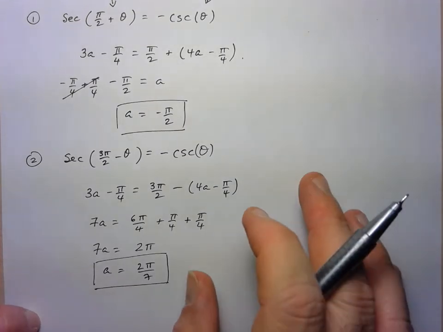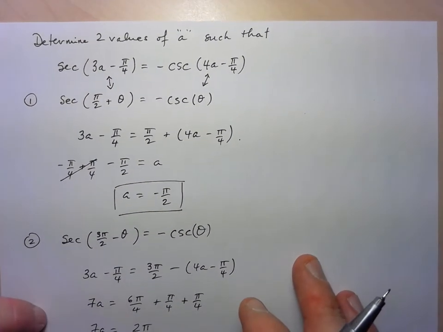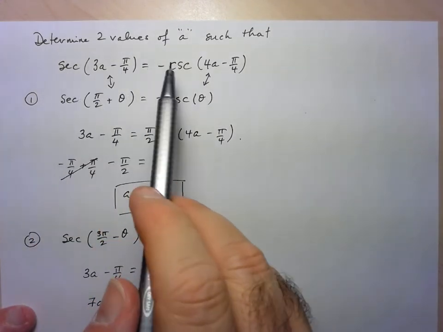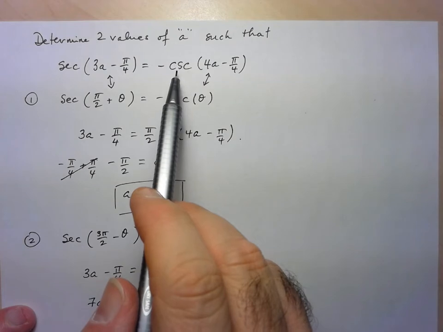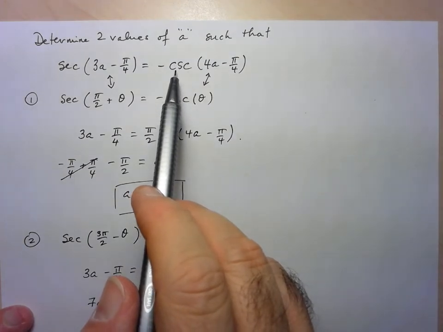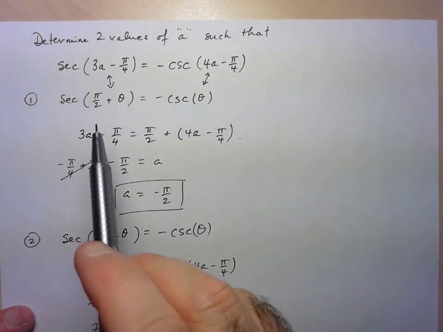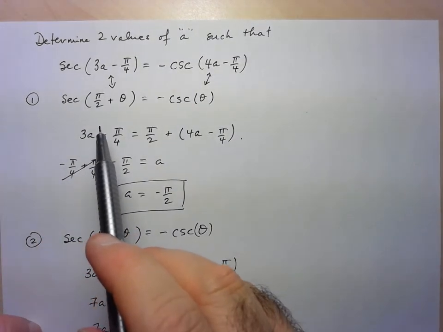Okay? So, step number 1, identify that this is going to be one of your correlated angle identities that you're going to use. Figure out which ones are usable in this circumstance here.